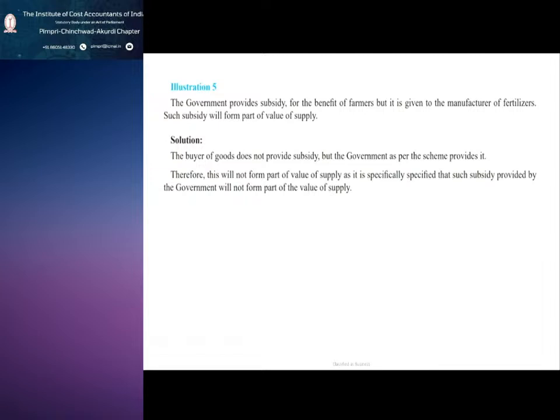For some items TCS is not applicable, and then you will be raising the invoice only with that 220. Yes, this 10 lakhs is only for sale of motor vehicles.